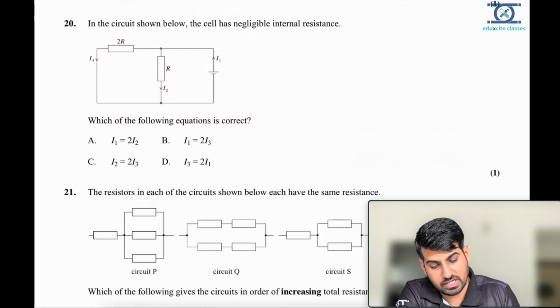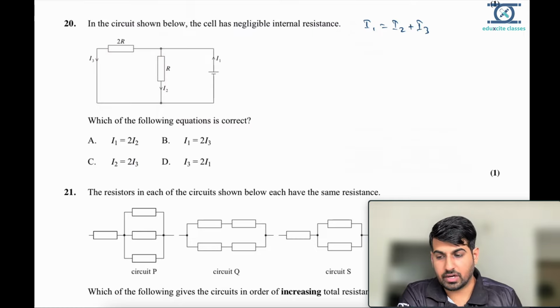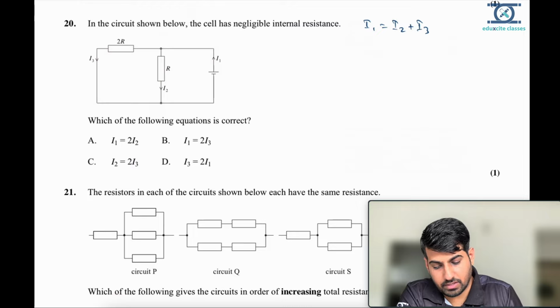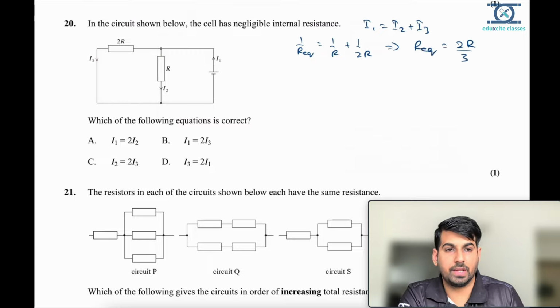So first equation I can say I1 is equal to I2 plus I3. Yes or no? Okay. So now what I can say is, if I find out the R equivalent, 1 upon R equivalent is equal to 1 upon R plus 1 upon 2R, which gives us, if you calculate R equivalent, you will get 2R by 3.